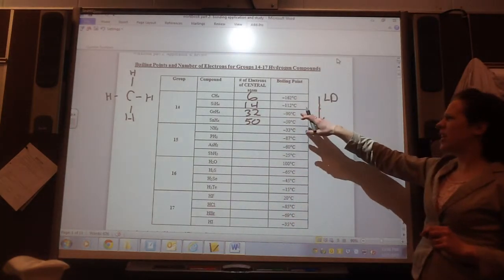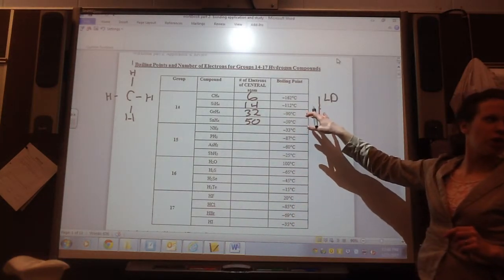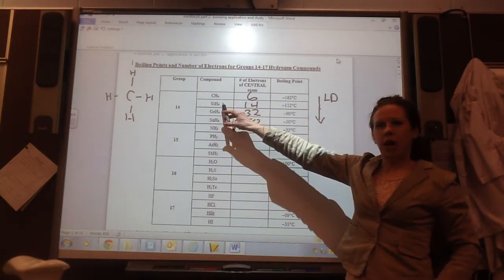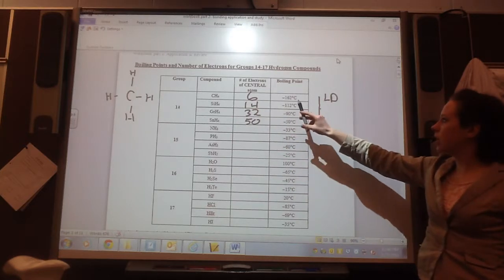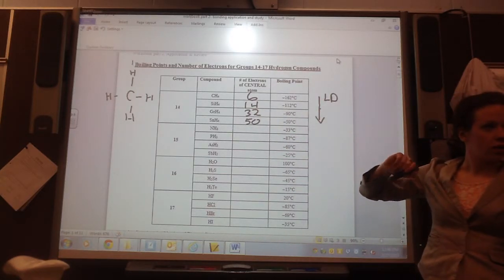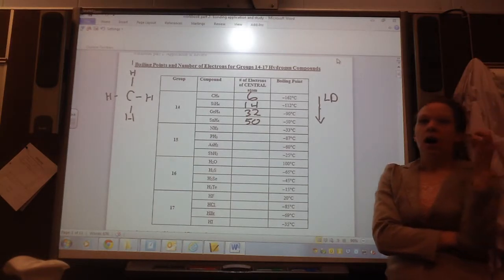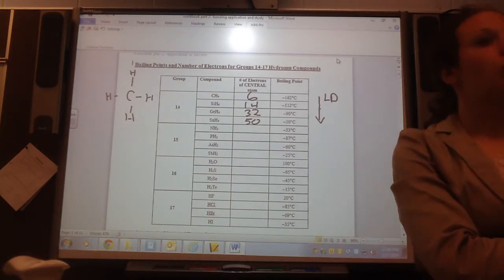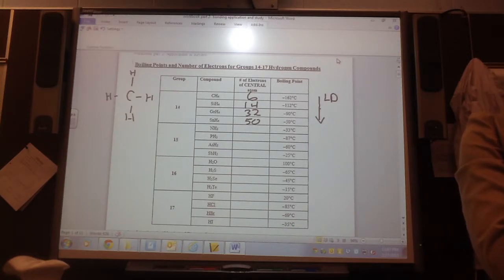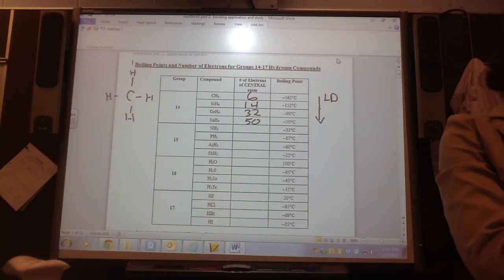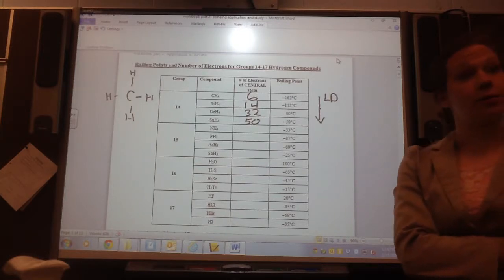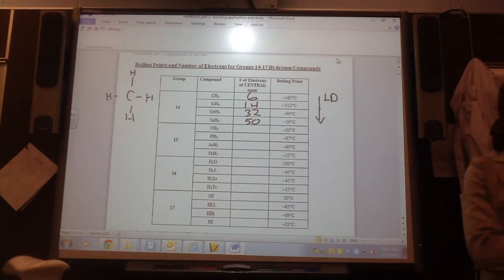Beside each of these, I actually like to write down which things it has. So what about silicon tetrahydride? Does it have hydrogen bonding? No. Hydrogen bonding only happens when the hydrogen is attached to either N, O, or F. They're the only really electronegative atoms that have at least one lone pair.